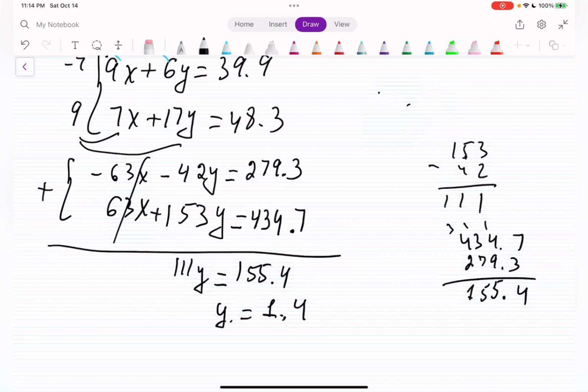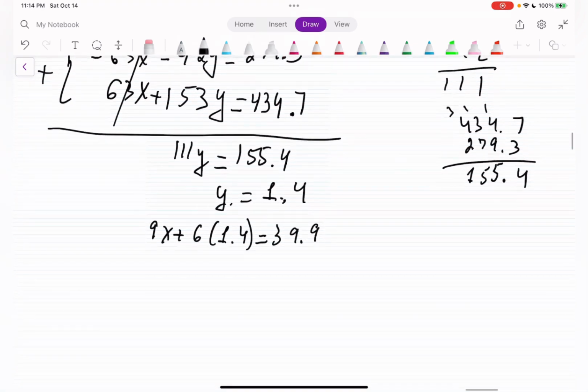I'm going to plug in this one, which is going to be 9x plus 6 times 1.4, and it's equal to 39.9.